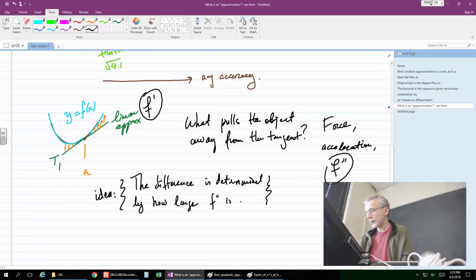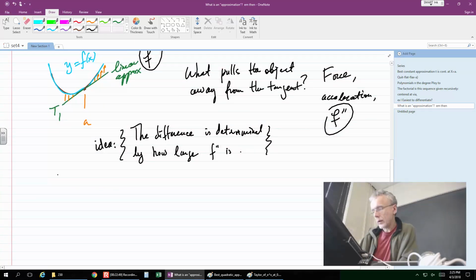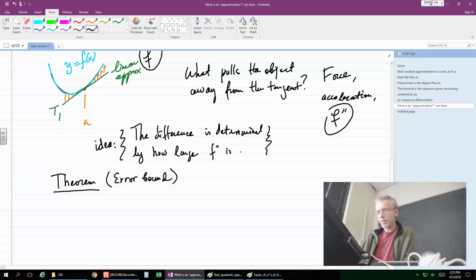So let me put it here. This is the error bound. f is n plus 1 times differentiable.